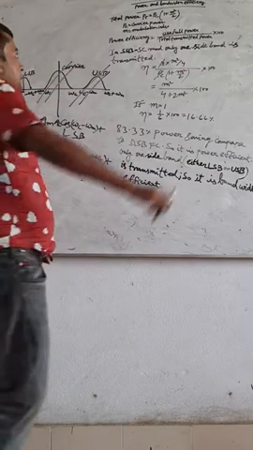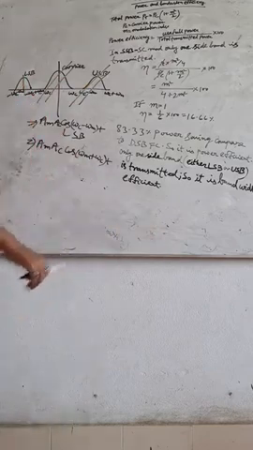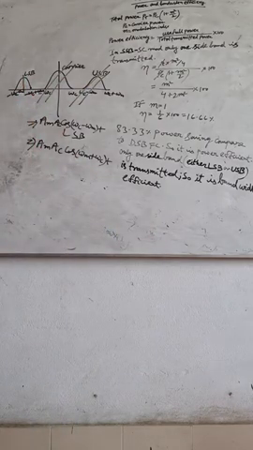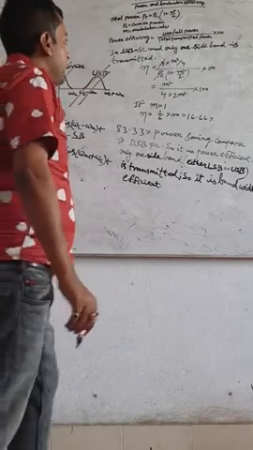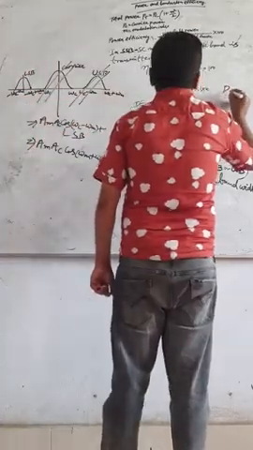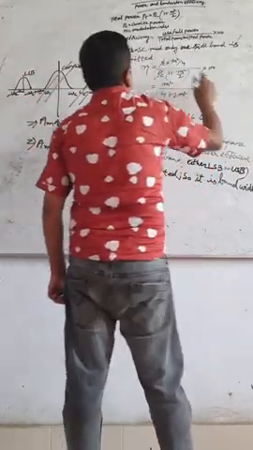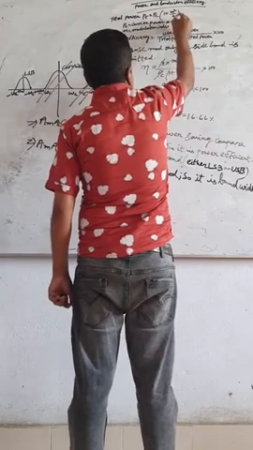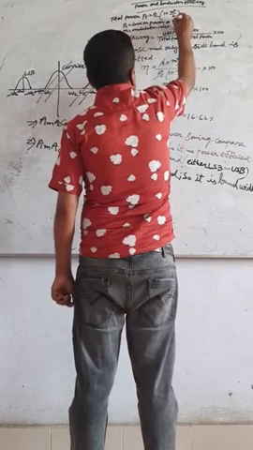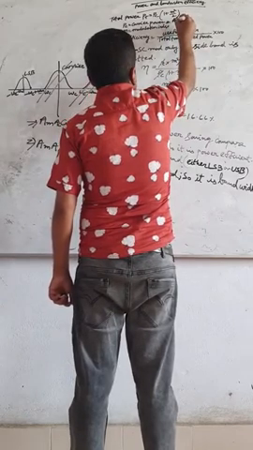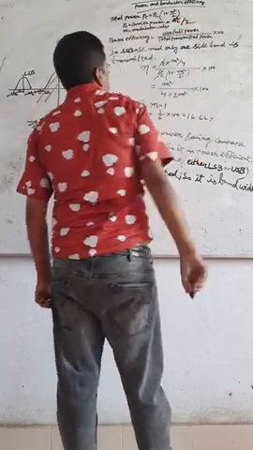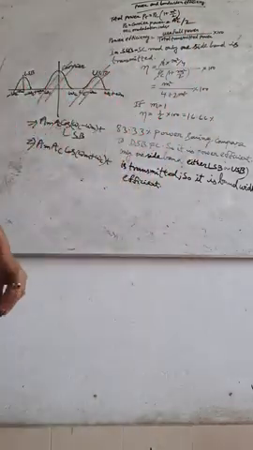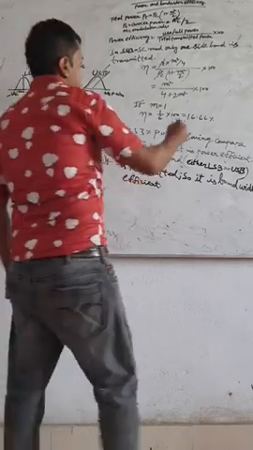First, power saving. The total power formula we have developed is PT equals PC into 1 plus m square by 2. PC is the carrier power. What is the formula of PC? It is AC square by 2. M is the modulation index. What is the modulation index?